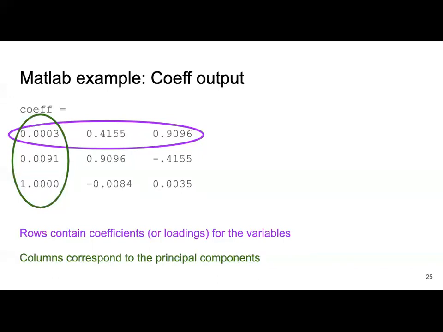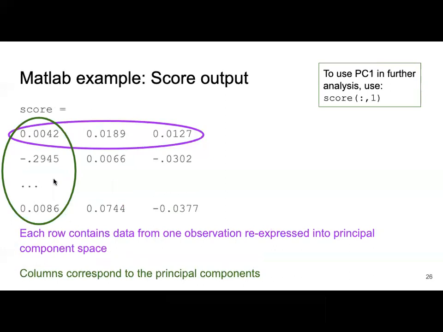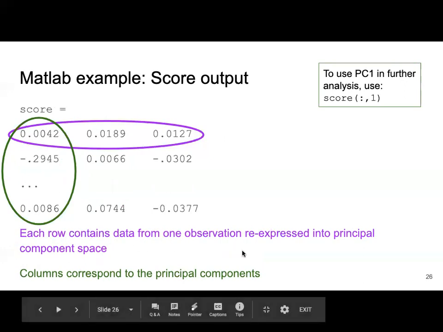So then the next output we get is the score. And here you'll actually get one row for each observation. So I would have had over 2,200 rows, but I didn't include them all here for the sake of space. Each row contains data from one observation re-expressed into the principal component space.